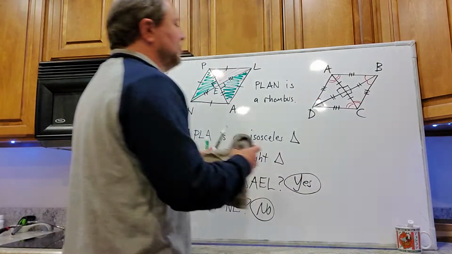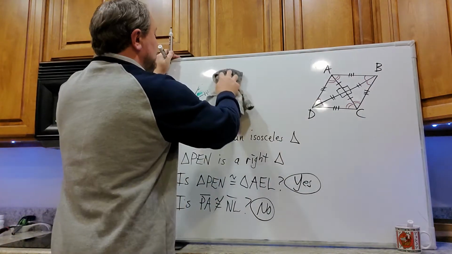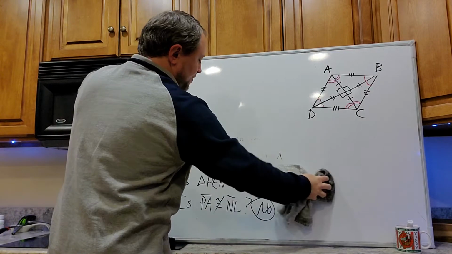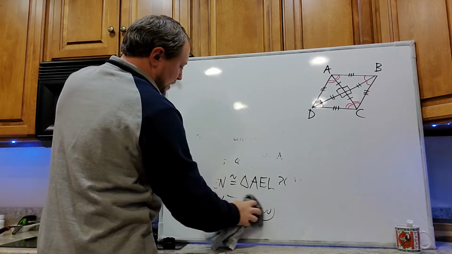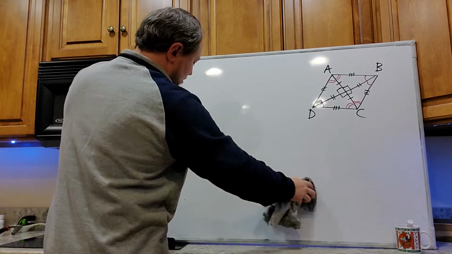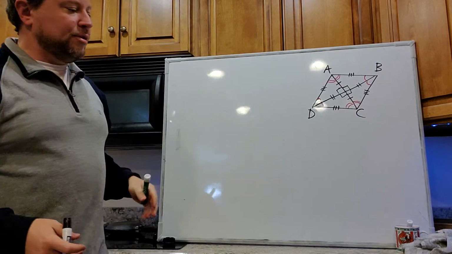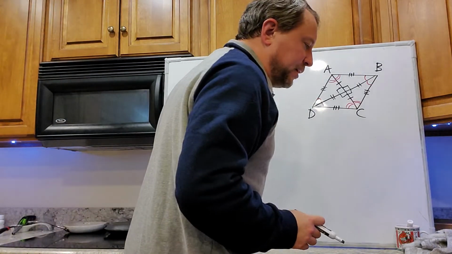All right, so let's try a few more problems yet. I'm going to start with a new picture of a rhombus. On these next few problems, I'm going to have you find some measurements, instead of just yes or no questions like those classifying triangles.